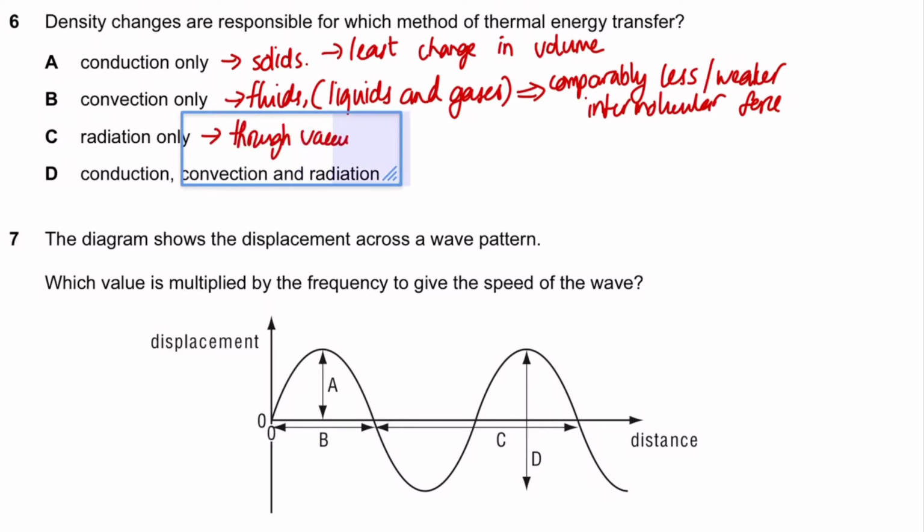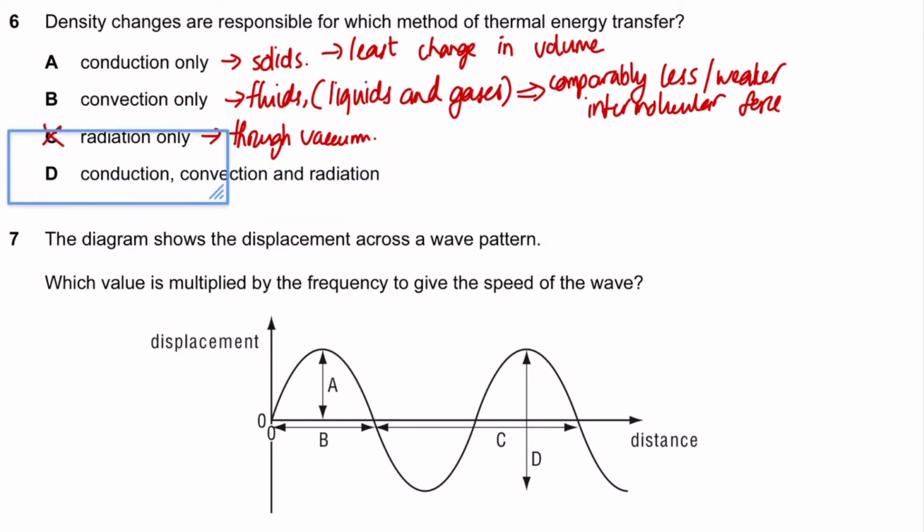Radiation can travel through vacuum, and it is absorbed by all states of matter, but not as much as conduction and convection.